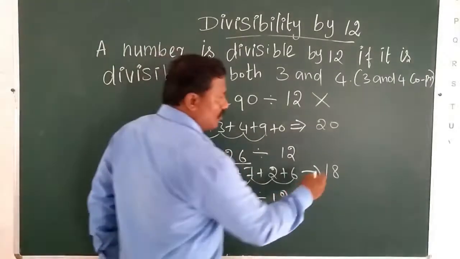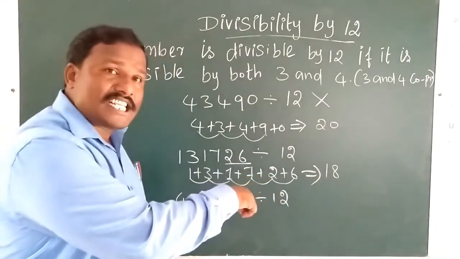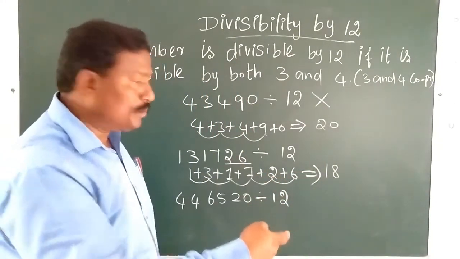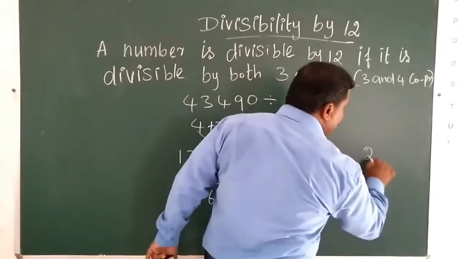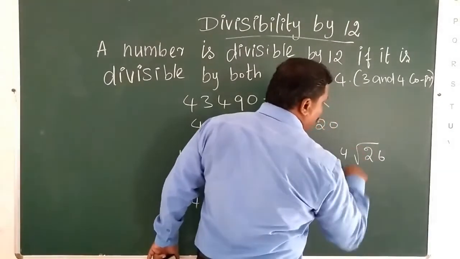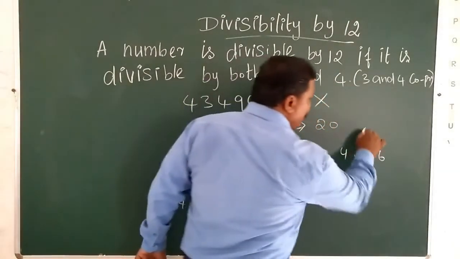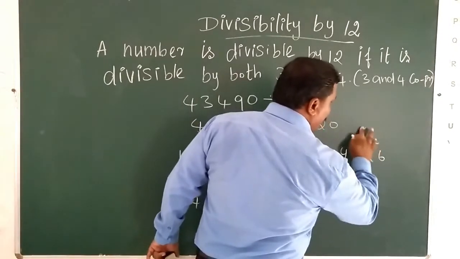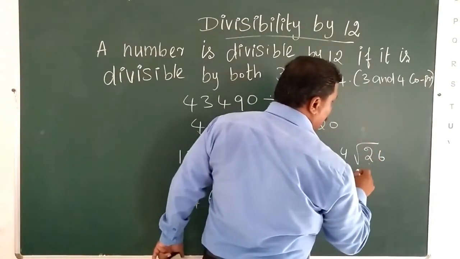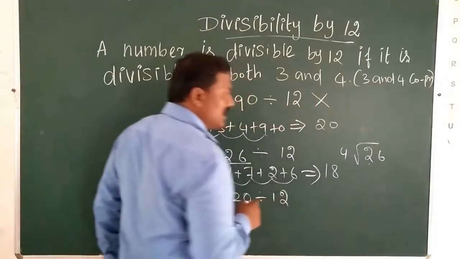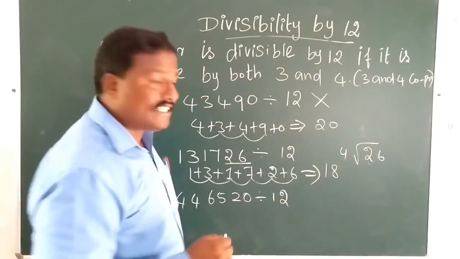26. Because rule 1 is satisfied, we want to check rule 2. So 26 divided by 4. 6 4s are 24, 7 4s are 28.